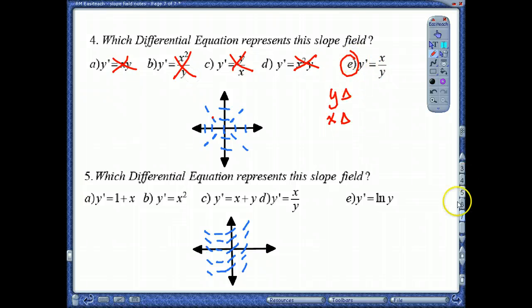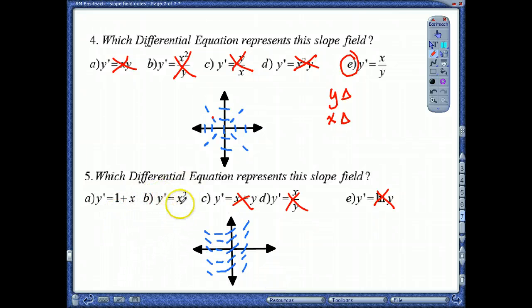You're our winner. Okay. So now on this little guy right here, our second one, we look at it from top to bottom. As I'm looking at it, top to bottom, the slopes don't change. So that means there can't be a y in my differential equation. The x has changed, so there is an x in my differential equation. Now I'm duking it out between these two.